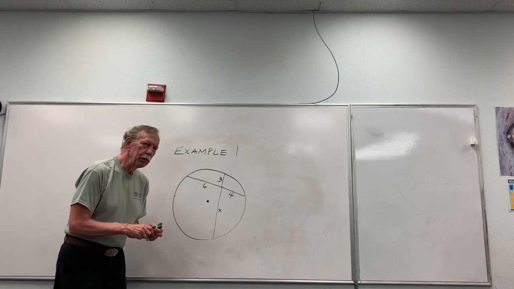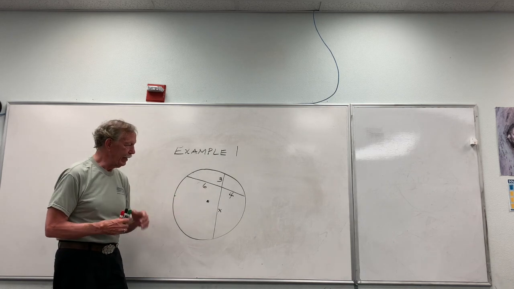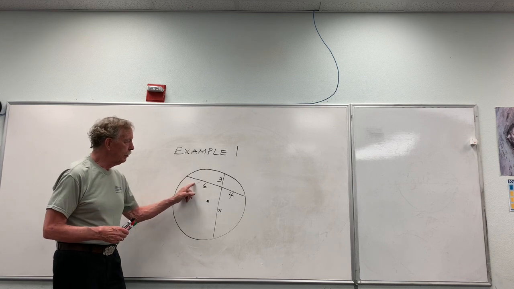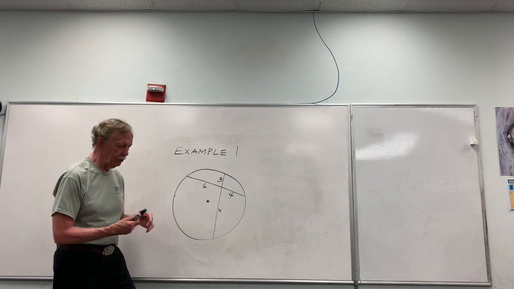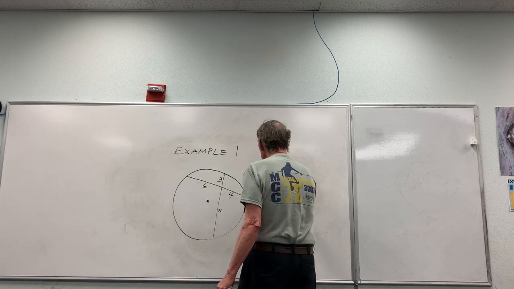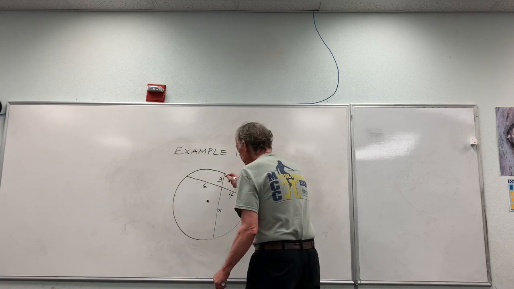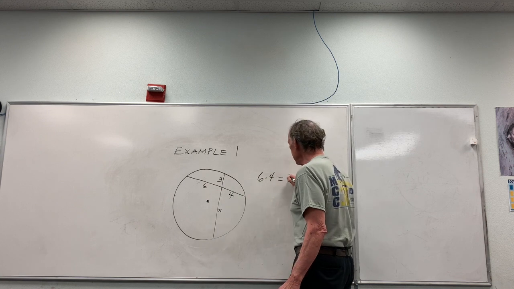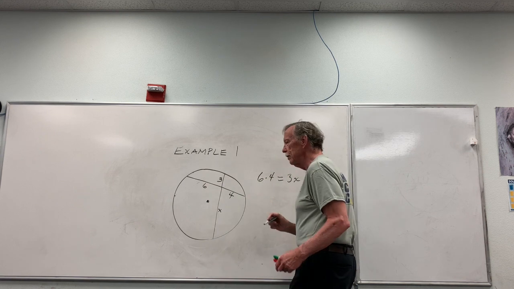In this example, we're still looking for x, and we know that the product of these two pieces, 6 and 4, equals the product of these two pieces, 3 times x.